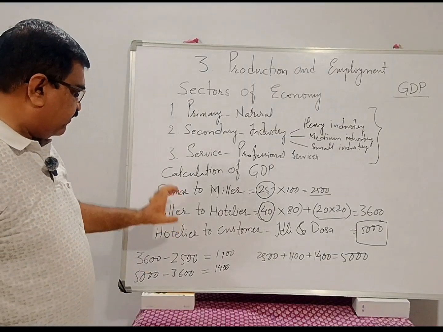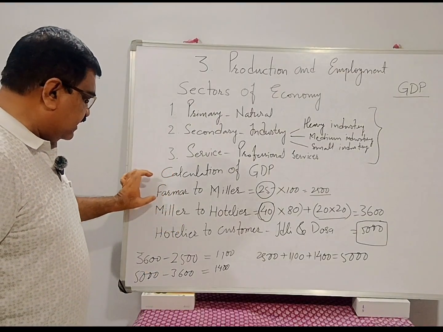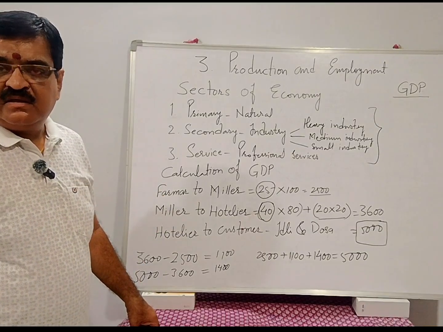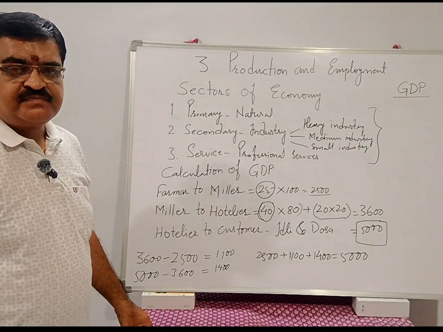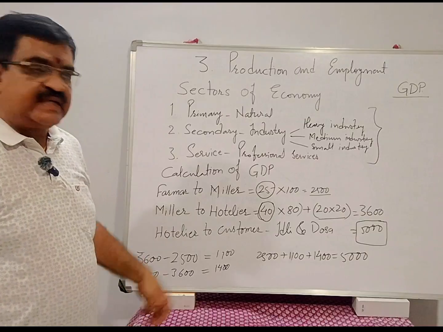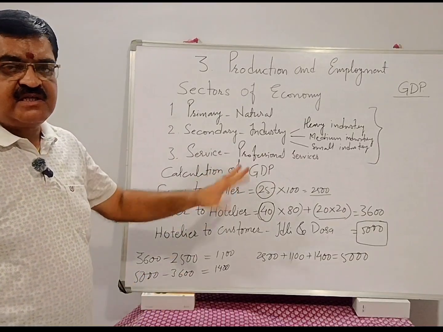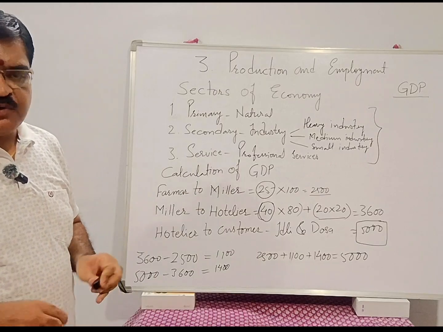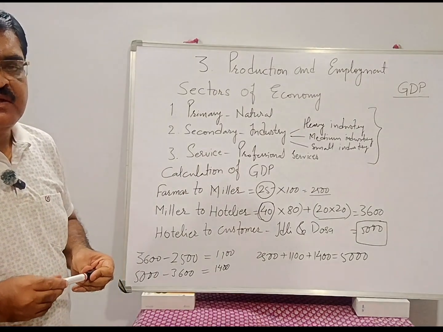See, paddy is the intermediate good for production of rice. It is not the final good. Rice is the final good. It can be consumed for preparation of food, or it can be converted into idli and dosa also.